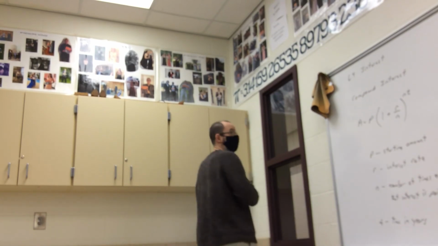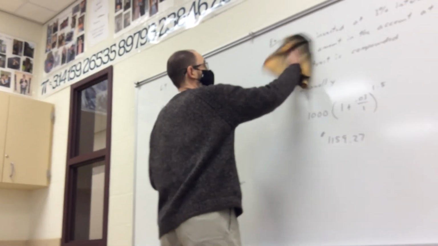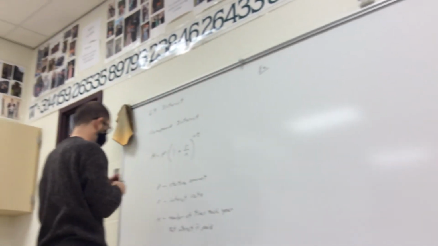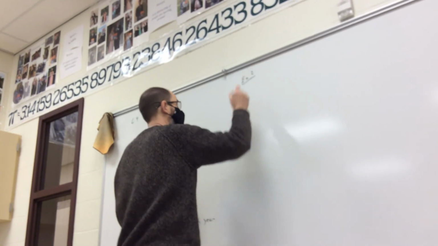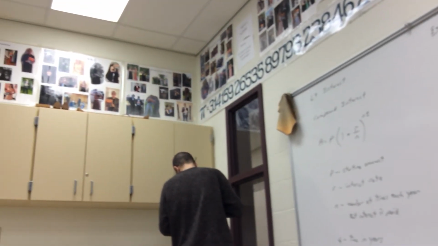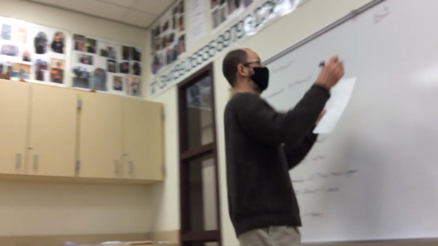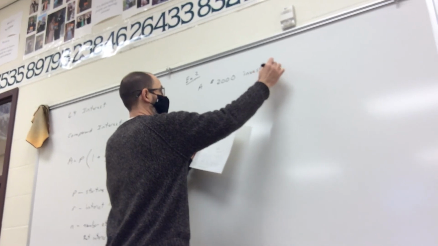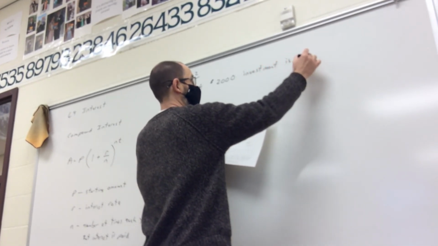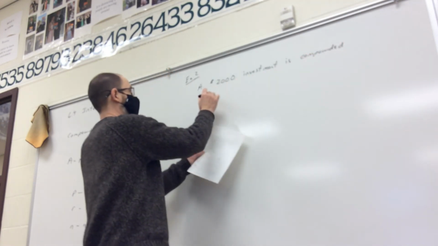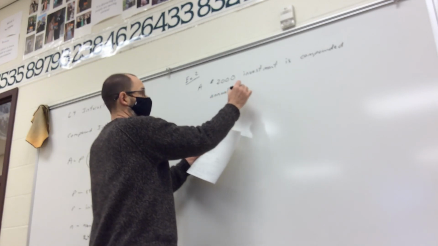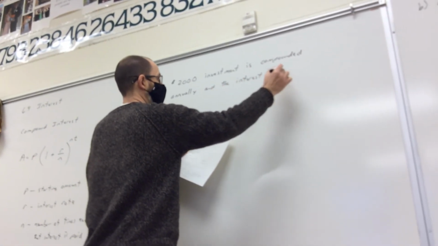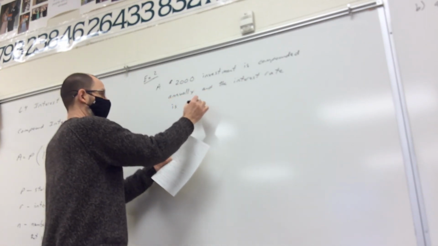So let's go on to example 2 now. So in this problem, a $2,000 investment is compounded annually, and the interest rate is 2.25%.